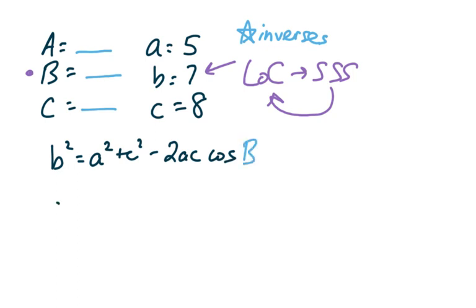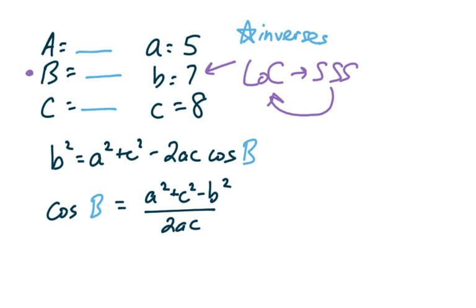Or if you want the shortcut formula that solves everything for you, cosine of angle b equals a squared plus c squared minus b squared over 2ac. Either way, you have all of sides a, b, and c, so you can just plug it in. I'm going to use the shortcut way, or I'll let you try the first way and see if you can get to where I am.